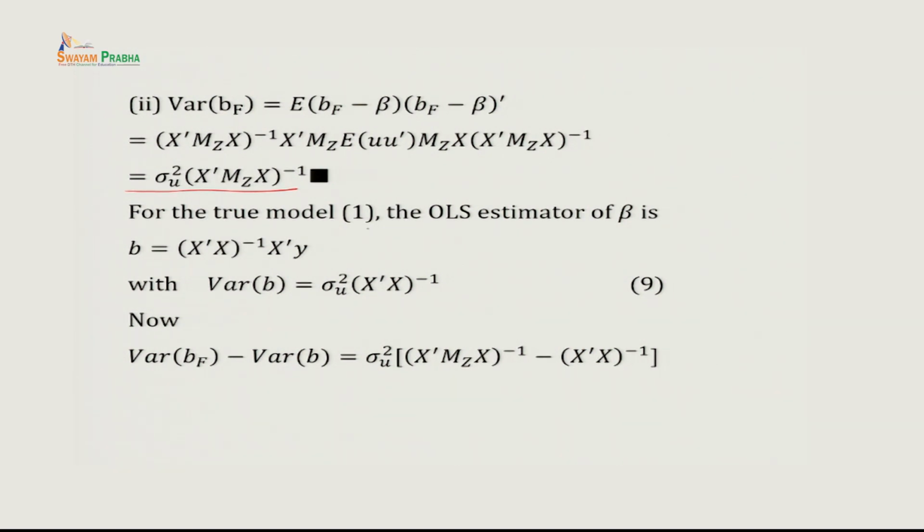Then for the true model one, the OLS estimator of beta is B equal to x transpose x inverse x transpose y, and this is the variance covariance matrix of B. And if we take the difference, variance of B f, which is the variance covariance matrix of the estimator for the misspecified model, minus variance covariance matrix of B, then we obtain sigma square u times x transpose m z x inverse minus x transpose x inverse.